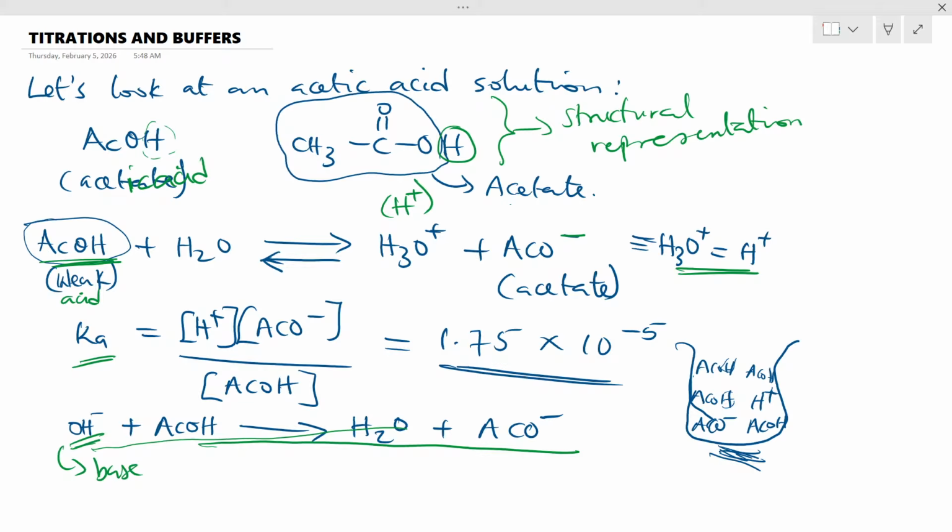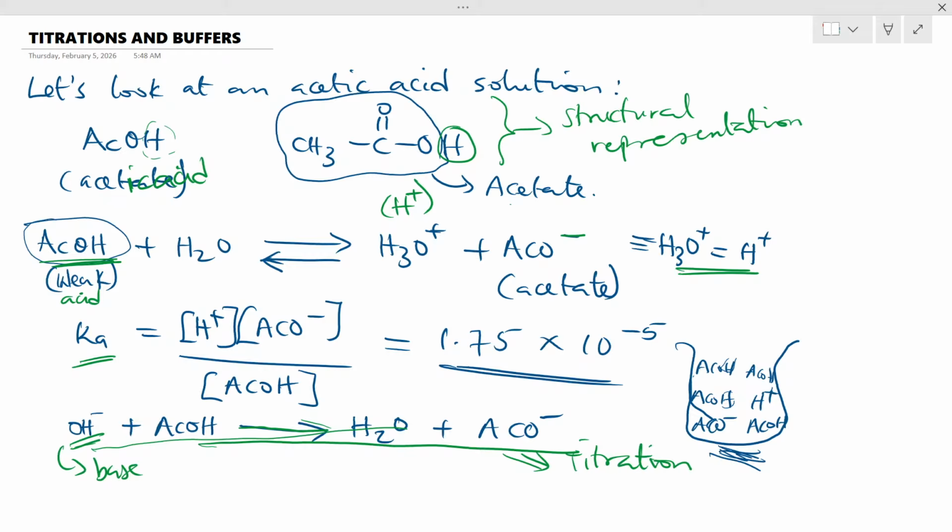Of course, you know that a neutralization reaction leads to water and what? Your acetate. In other words, some of the acetic acid, by using a strong base to rip off that hydrogen, is being converted to what? Acetate. And this reaction simply represents what titration is. Alright, so that is titration.